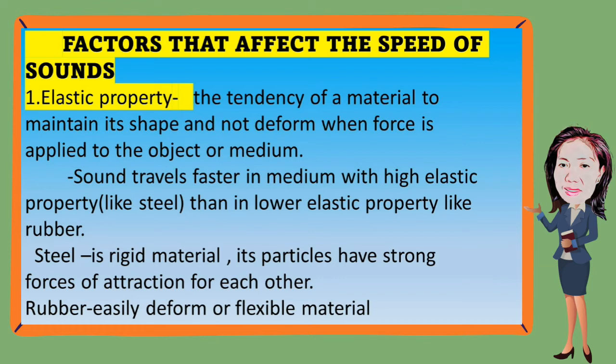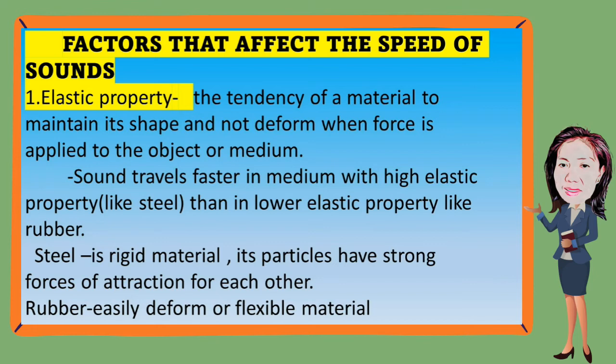Ito din yung ginagamit ng mga warriors noon through sa mga horses. Ang gagawin lang nila is ilagay ang ears nila sa ground para marinig nila kung meron ng paparating na mga enemies. Kasi mas mabilis mag-travel ang sound sa solid. And take note, the ground is solid.